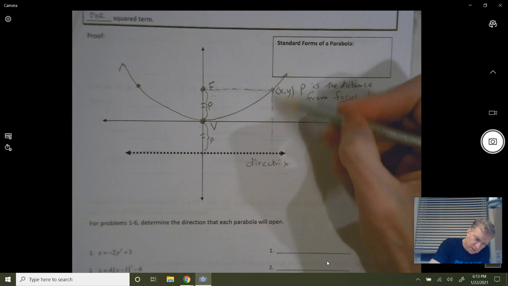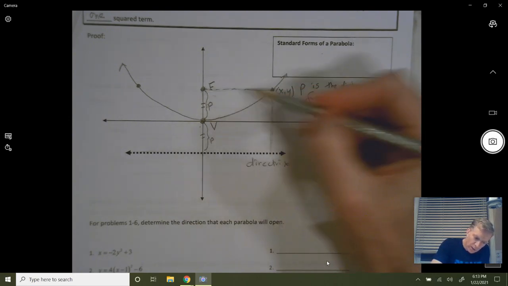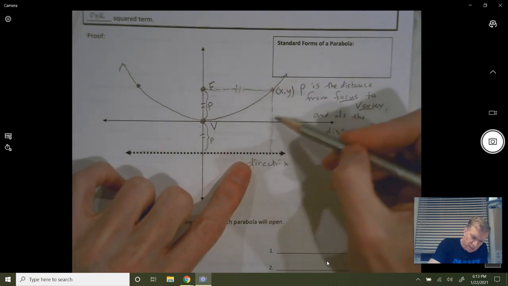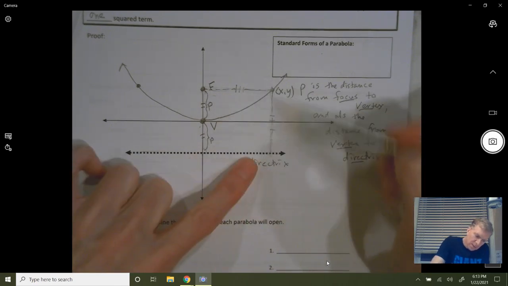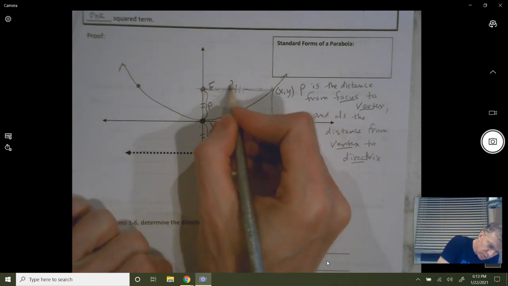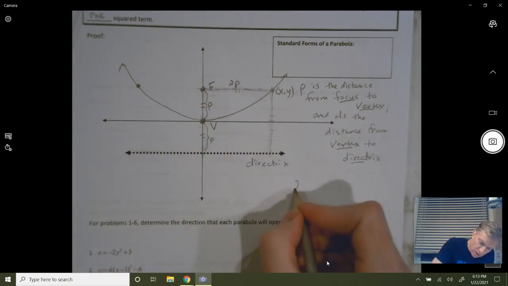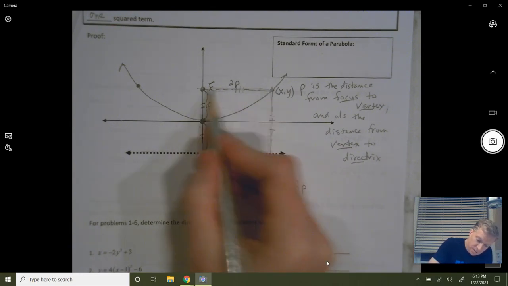We know that this distance is 2p. Basically, we've made a square. So this distance, by definition, has to equal this distance. Okay? And since this is 2p, this is also 2p, because p plus another p. 2p is also known as the focal radius.